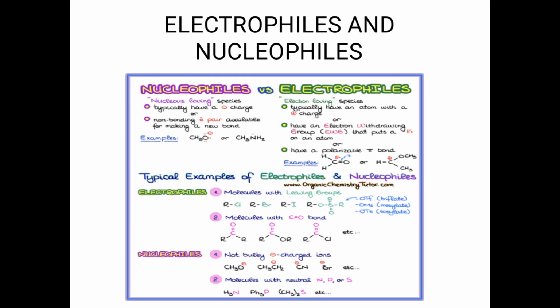Before we explain the types of organic reactions, it's very important to understand electrophiles and nucleophiles, because all the organic reactions revolve around these two particular species.